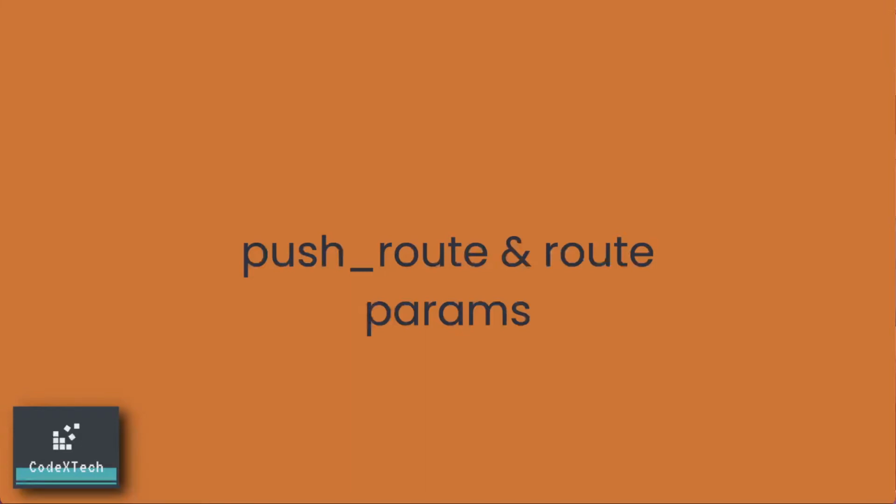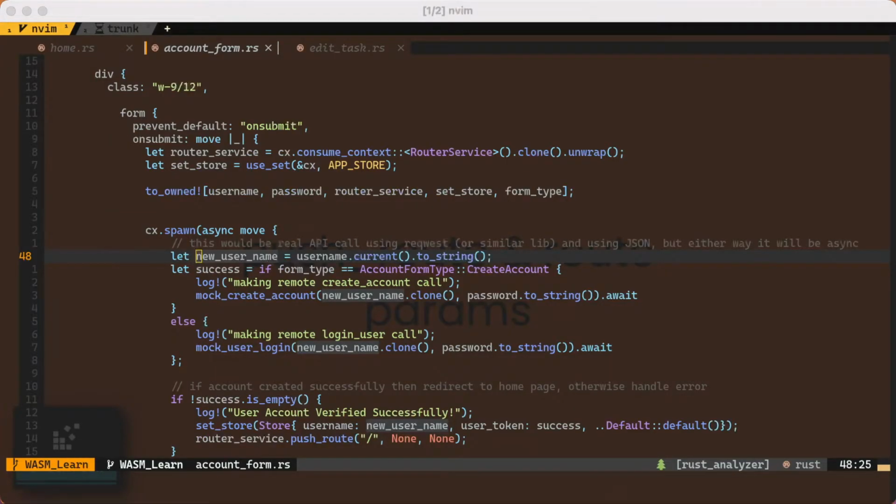We showed links, how we're using enums, how we're constructing the links, but next we will look into how Dioxus is using this route navigation and how we pass the parameters. We saw for edit task and add task we need to pass an ID. So we will look into that next.